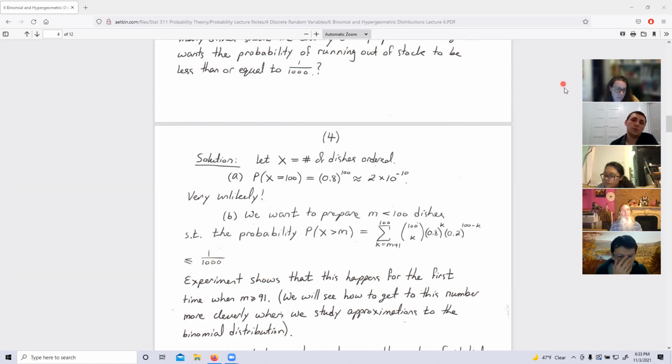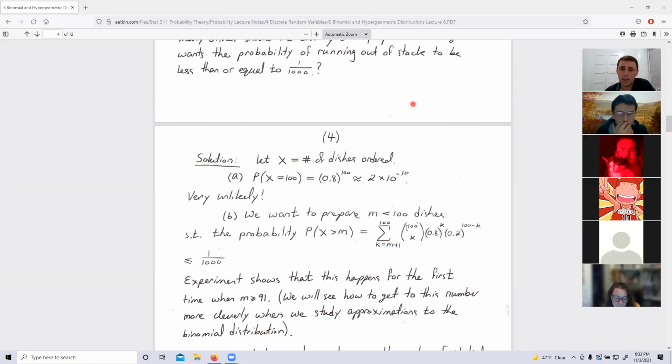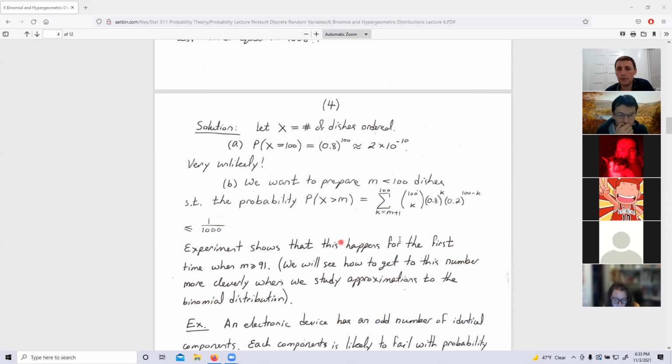But you can also, I suppose, just take the summation and play with the number m, make a computer program if you want, right? And you can see that this probability condition happens when m is bigger than or equal to 91.